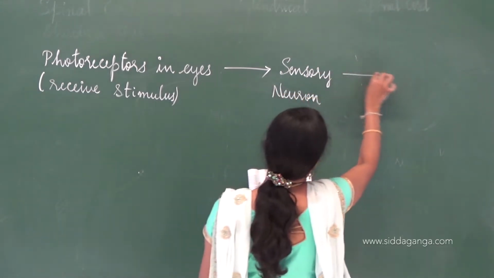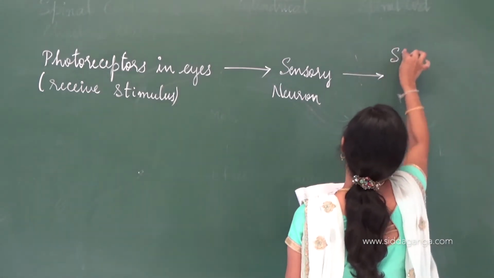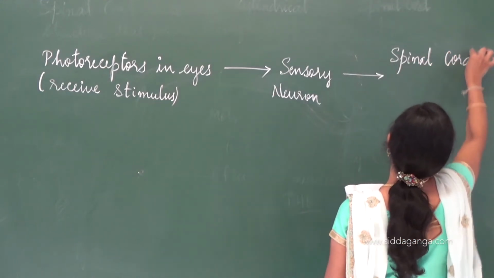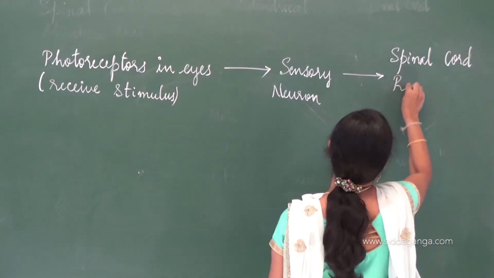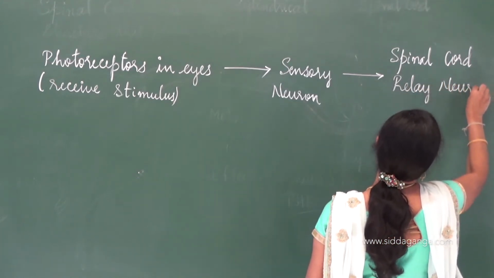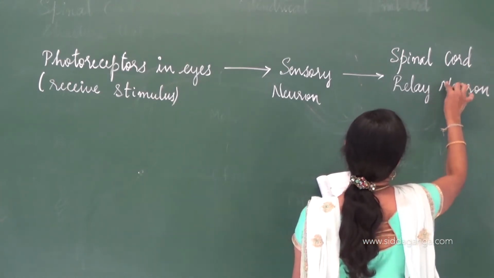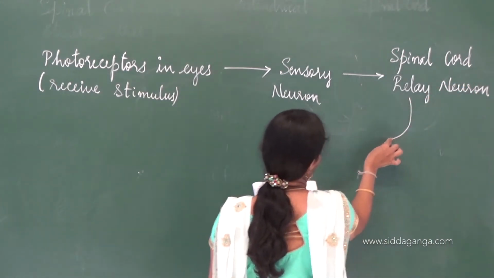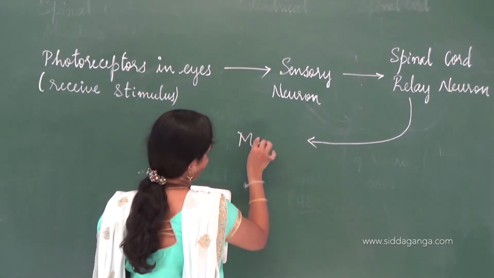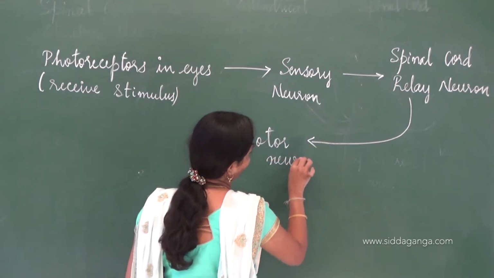From the sensory neuron to the spinal cord or relay neuron. You can write spinal cord or you can also write relay neuron here. And from the relay neuron, the information is passed on to the motor neuron.